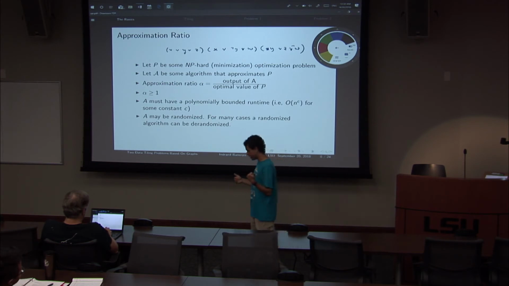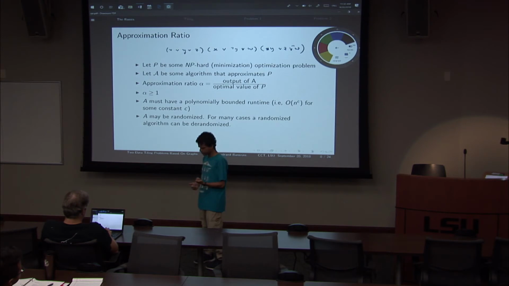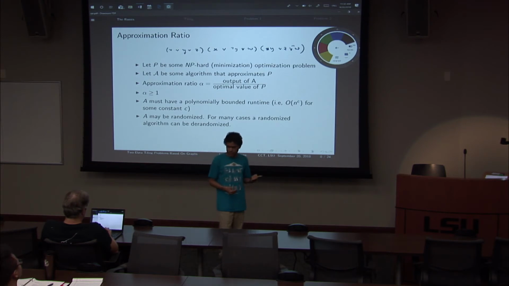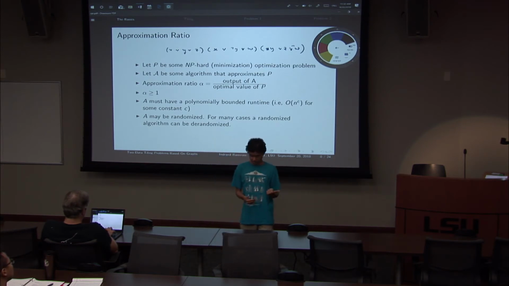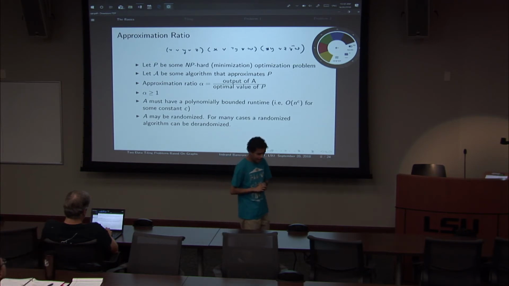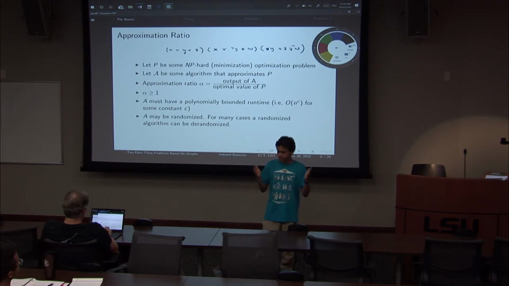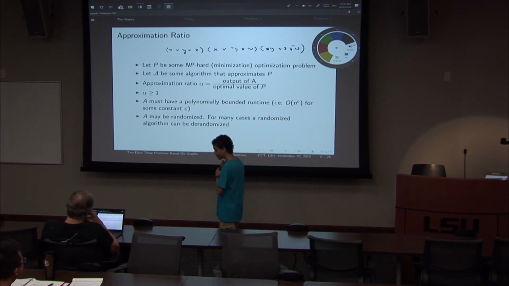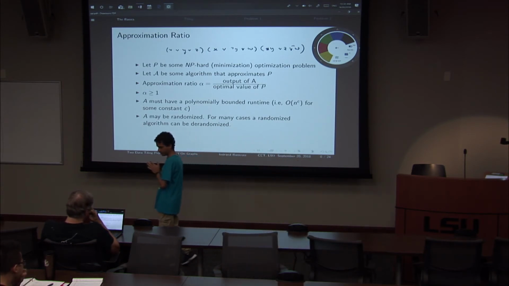If you choose a random assignment of 3 variables, 7 out of 8 times it will be satisfied. So on average, 7 out of 8 clauses will be satisfied. And so you get a 7 out of 8 approximation ratio for the maximization version of the problem, where you have to satisfy the maximum number of clauses.